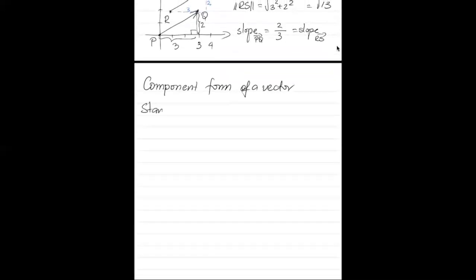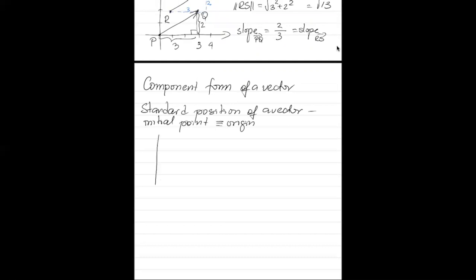Now we're going to talk about the component form of a vector. First, let's clarify what a standard position is. Standard position of a vector is where the initial point coincides with the origin.